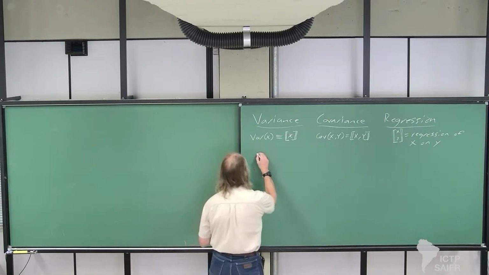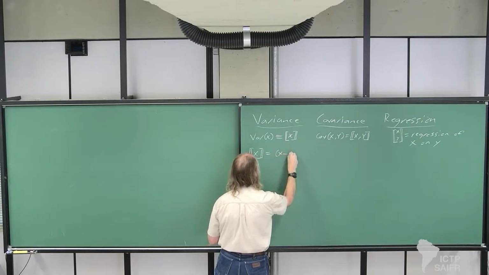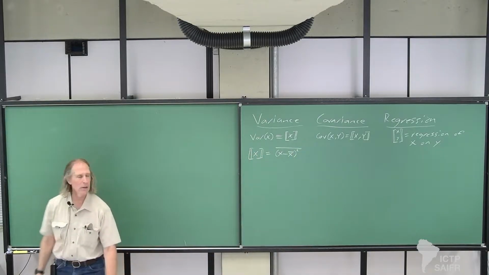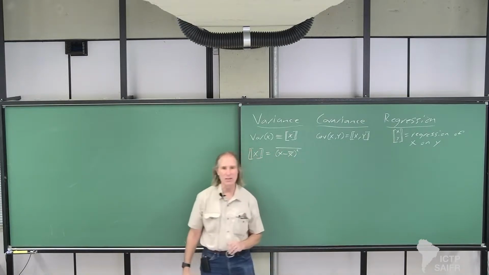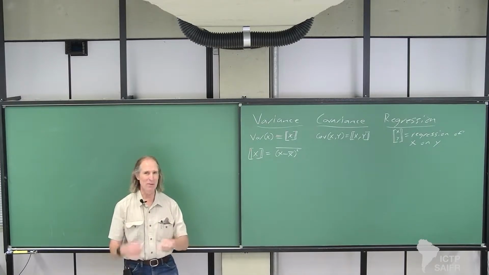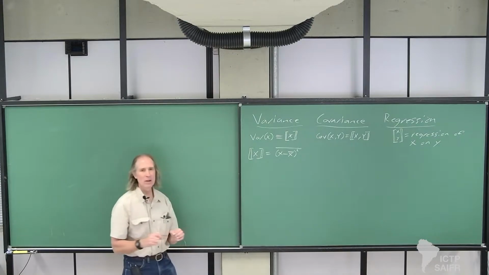So we could write this as variance of x is x minus x bar squared bar. You're probably familiar with that nomenclature. When I put a straight line over something, that means a mean, specifically a frequency mean. When we do probability means, that'll be a different symbol. So this is one reason I'm being real careful with nomenclature here.